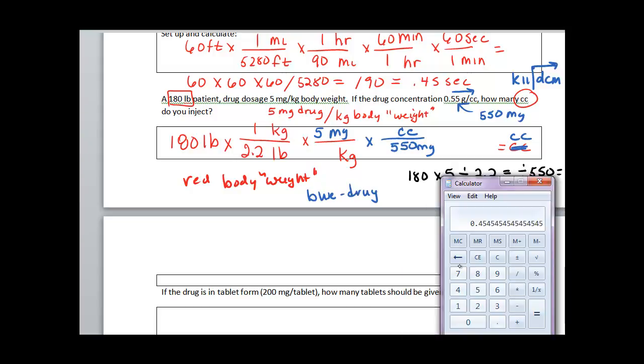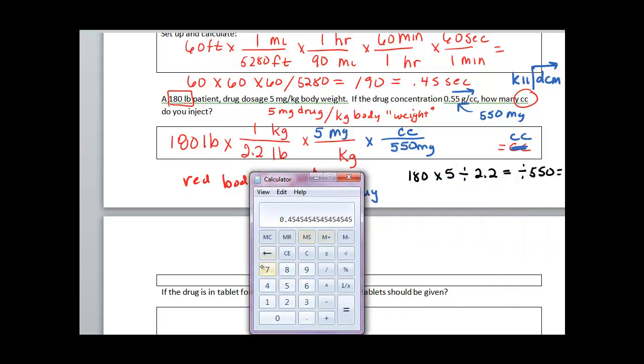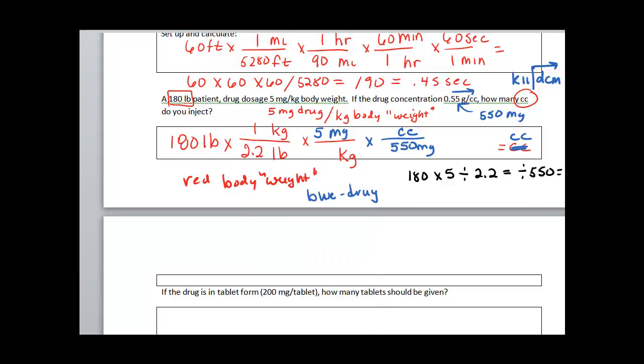So bringing up my calculator, 180 times 5 divided by 2.2 equals, divided by 550 equals. And that is equal to 0.74 cc's.